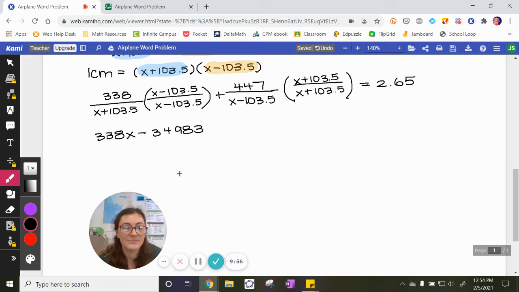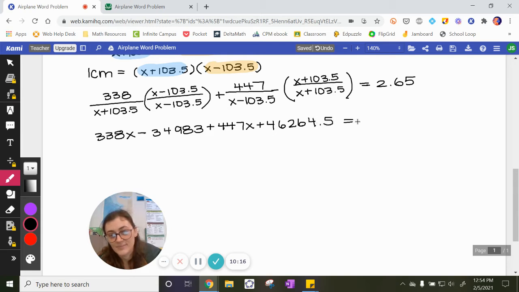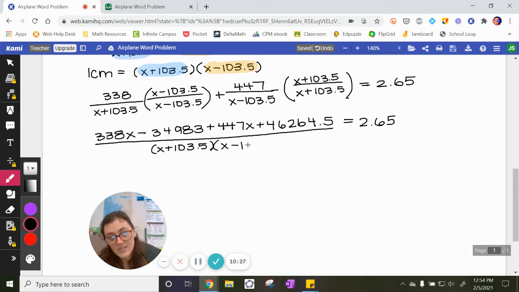Then I'll do the same thing with the second part. 447 times x is 447x, and 447 times 103.5 is 46,264.5. And then I've still got my denominator of x plus 103.5 times x minus 103.5.